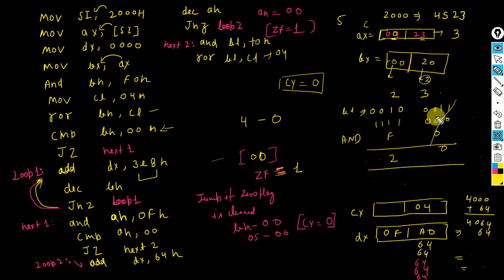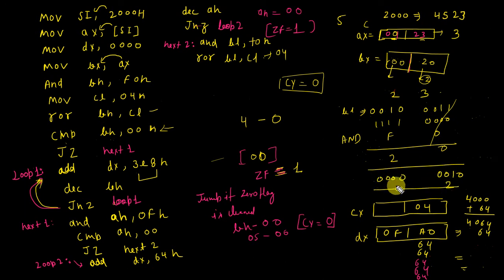So your answer is 0010 and this is 0000. So this is 2 and this is 0. After the ROR operation, the content of BL register is 02. Move to the next instruction.